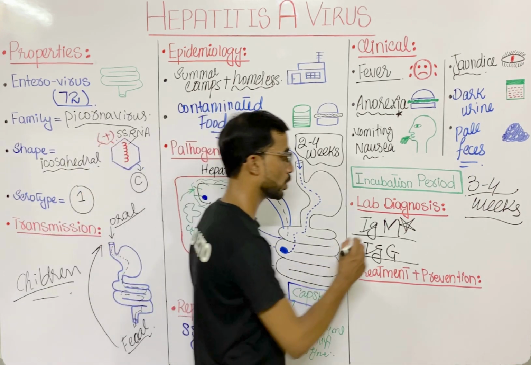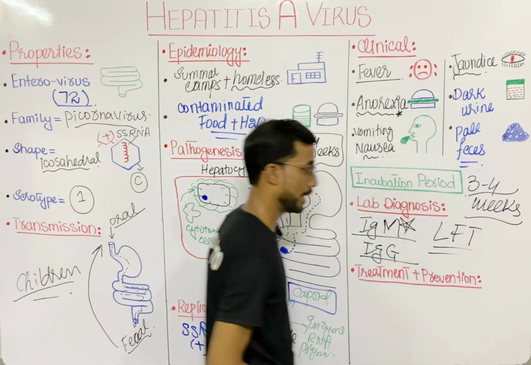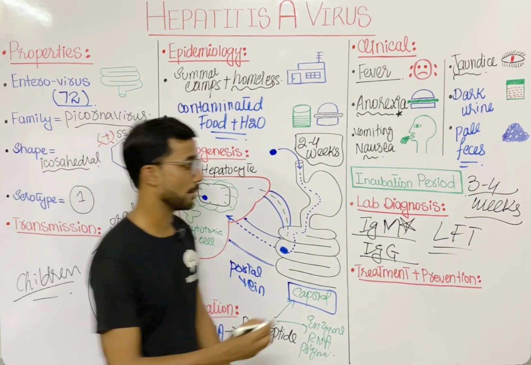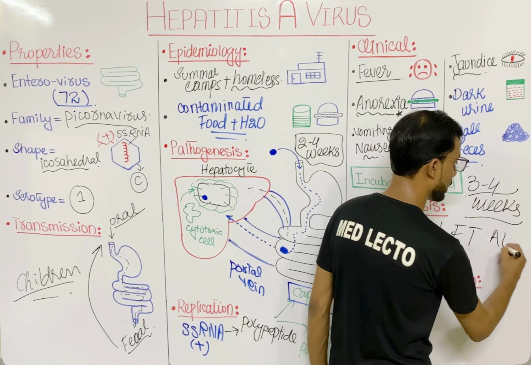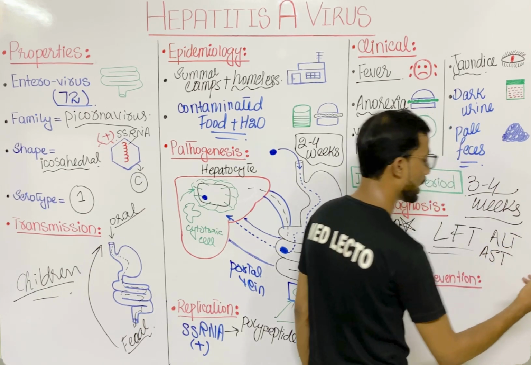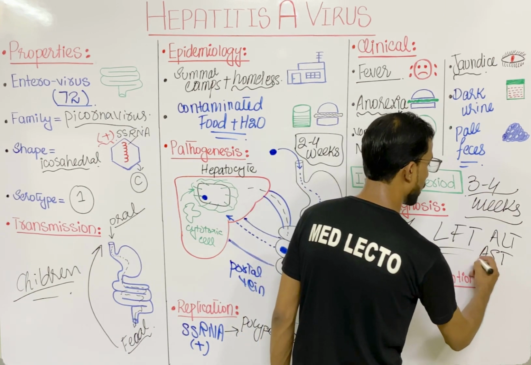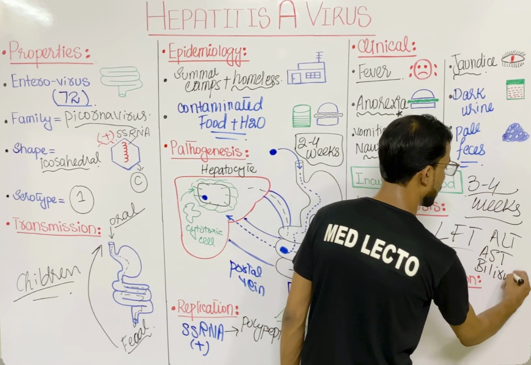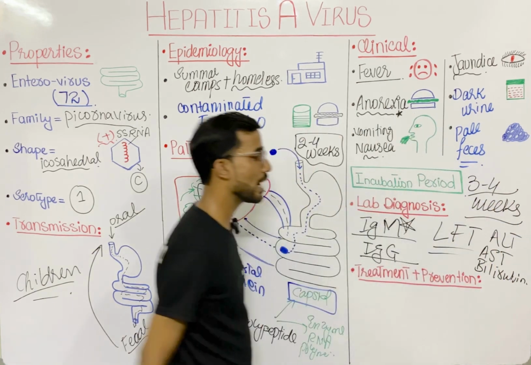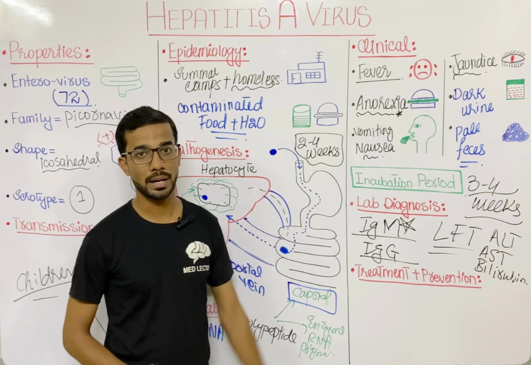And you can also go towards the LFT, liver function test, in which you will see different enzymes like ALT, AST, and transaminases, and you can also see the bilirubin. So here are the important findings for lab diagnosis in case of hepatitis A virus.